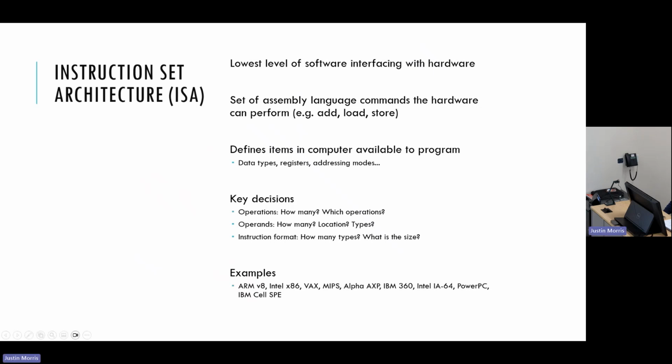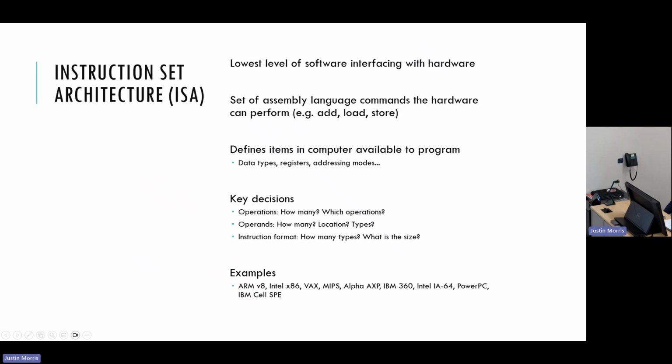So that's where we want to have the simplest operations that we can have so that we can optimize for those. And if a program needs to make a more complex operation, it can use these simple operations to build up to make a complex operation.